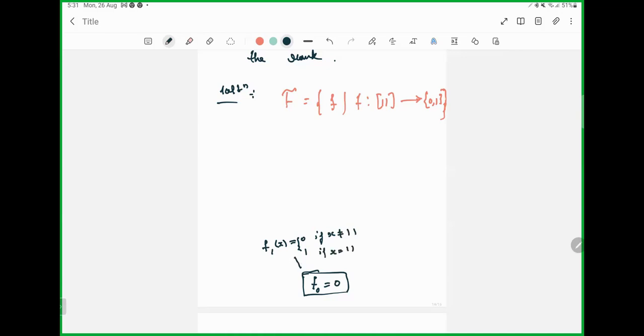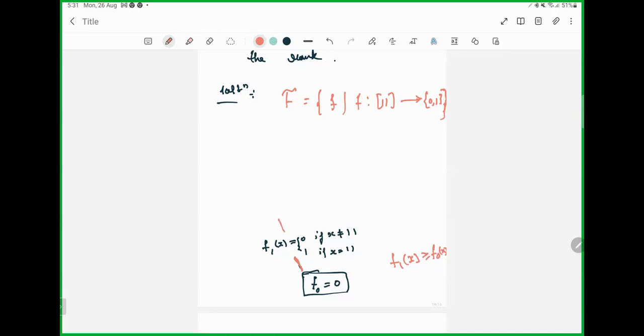So this will lie above f naught, since f1(x) is always greater than or equal to f naught(x). So this is clear.